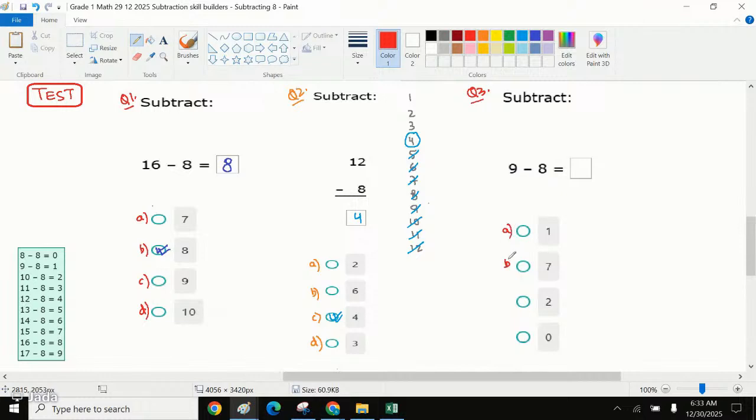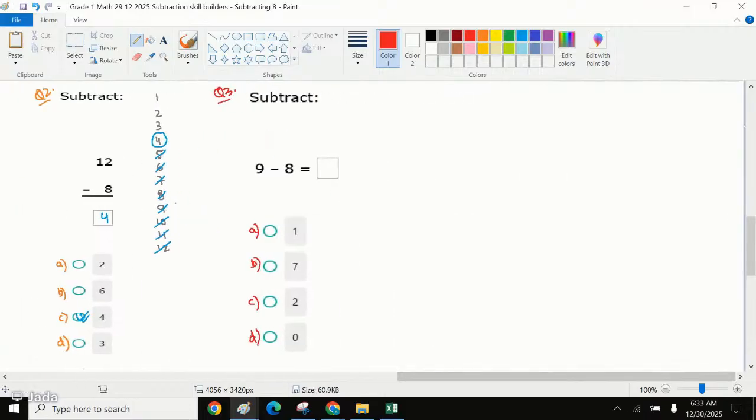Option A, option B, option C, and option D. We know that 9 minus 8 would always be equal to 1. Yes, and 1 is in option number A. The first option is 1, right? So we click on the first option and it would show us that our answer is correct.